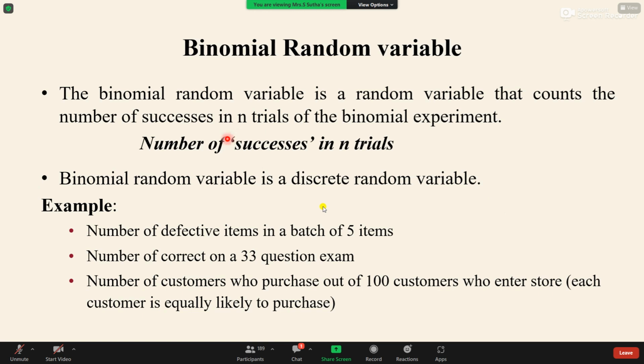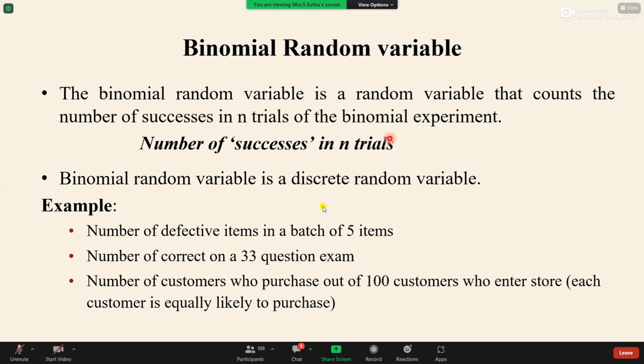So how are we defining the binomial random variable? When we are defining it, it always starts with the number of. Then your success: whichever outcome you are defining as a success will be given here.